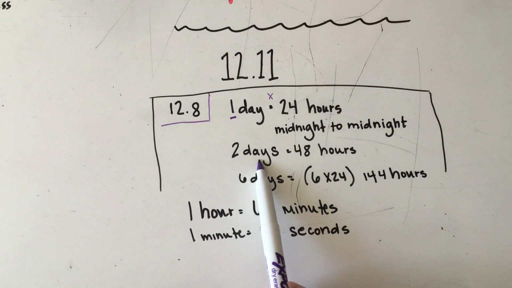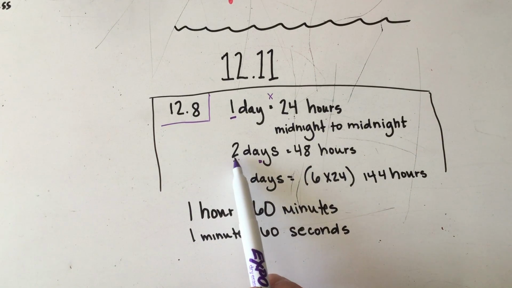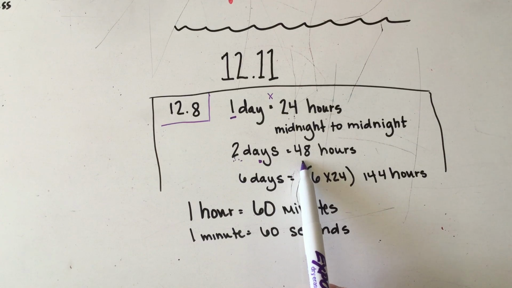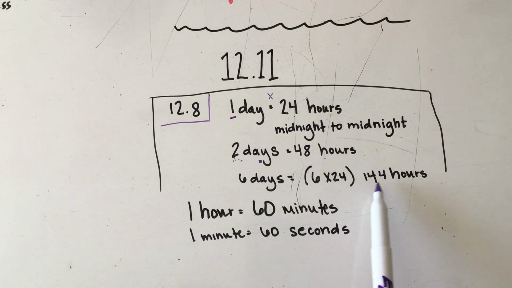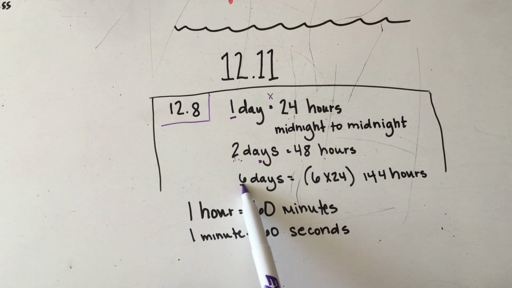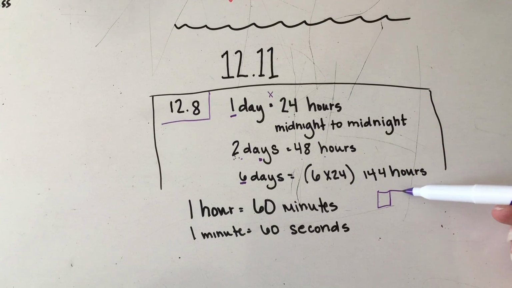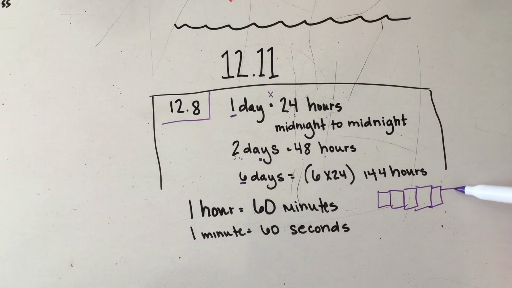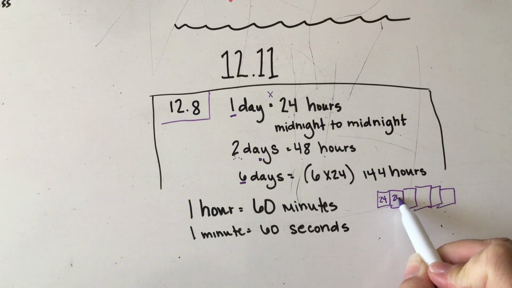So if we have 2 days, we have 2 times 24 hours in each of those 2 days, you get 48 hours. If we want to know how many hours there are in 6 days, well, if we have 6 days, that means we have 1, 2, 3, 4, 5, and 6, and each day there are 24 hours, right?